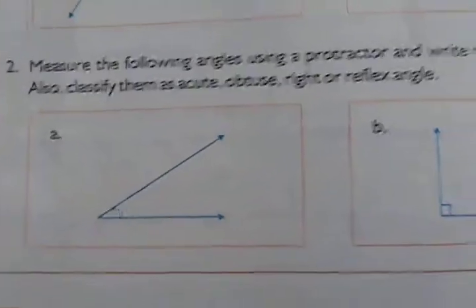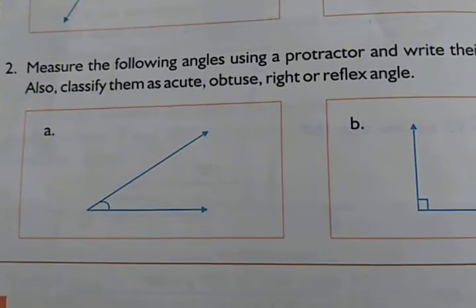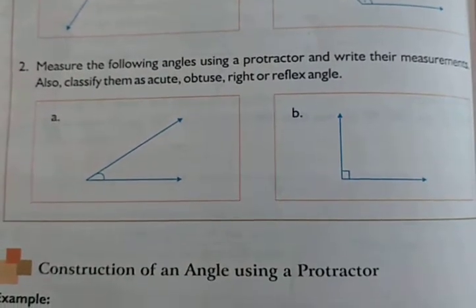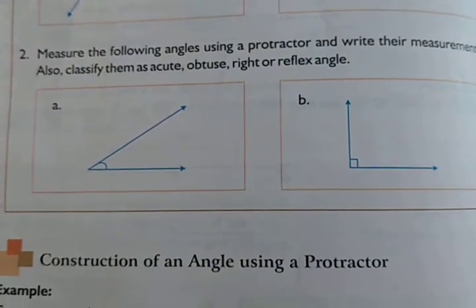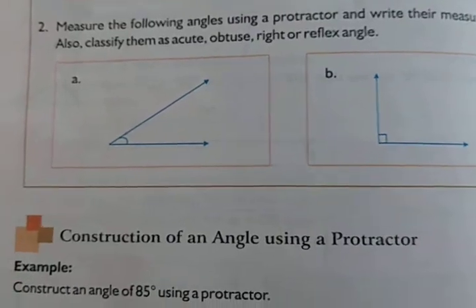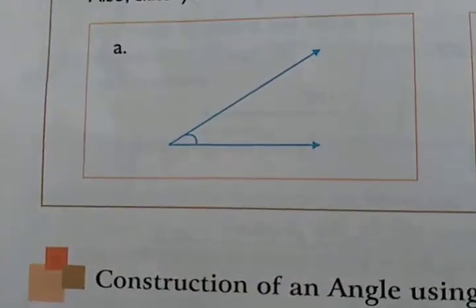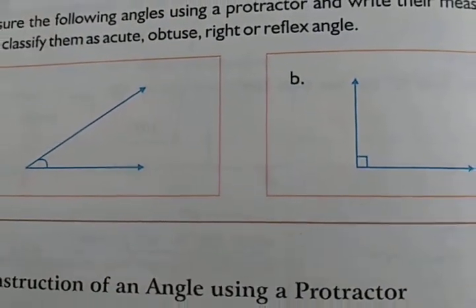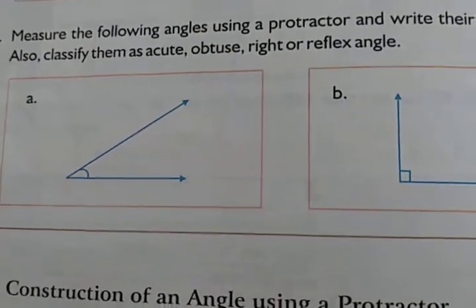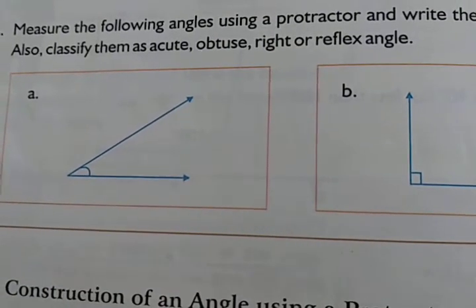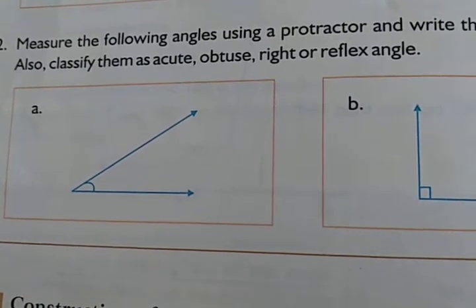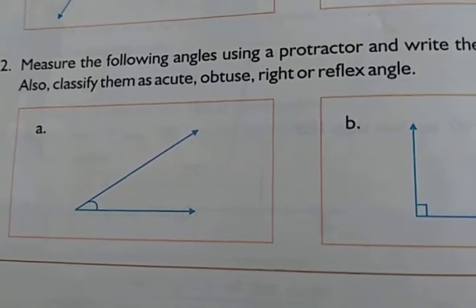Then in question number 2, you will measure the following angles using a protractor and write their measurements. Also classify them as acute, obtuse, right or reflex angle. You will measure these angles with the help of the protractor.